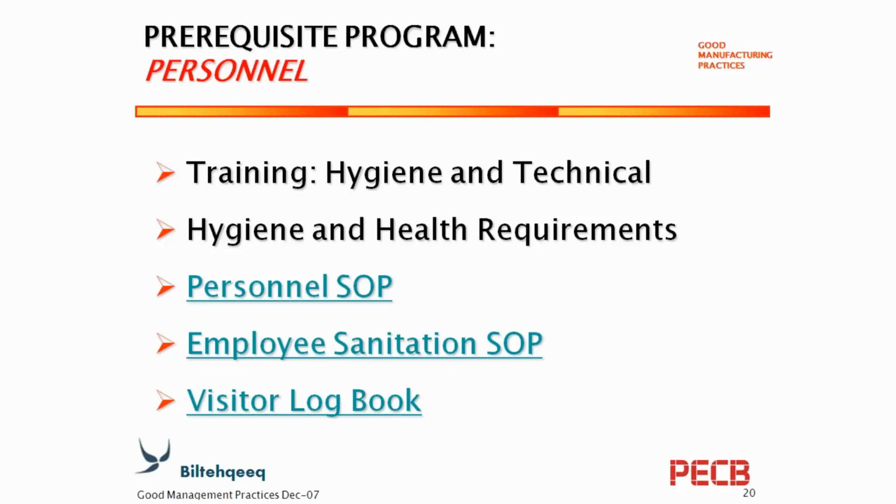So you have to train them about all this. And if there is some visitor, you should also maintain a proper procedure for visitors, and maintain the visitor logbook, because the visitors can also be a source of contamination.